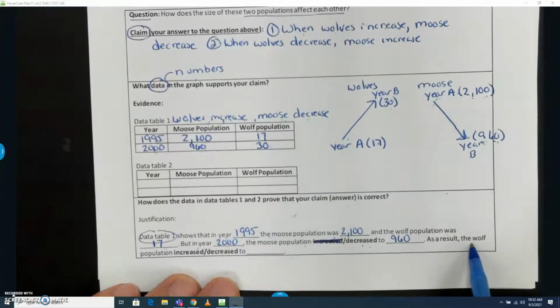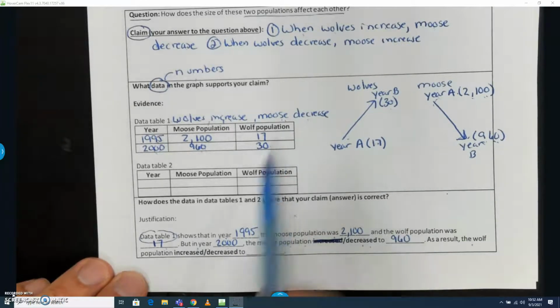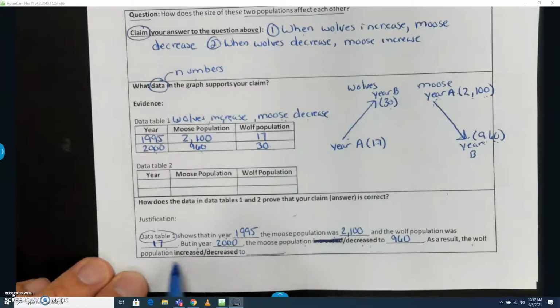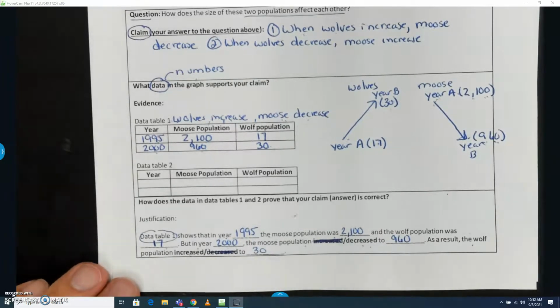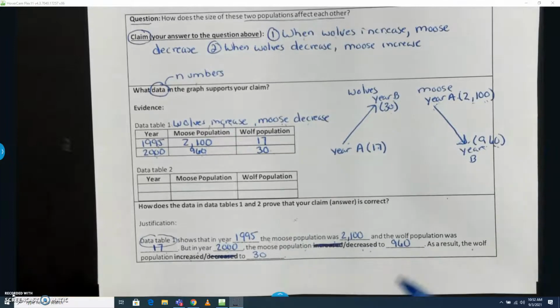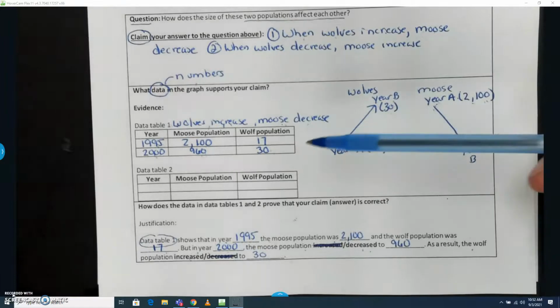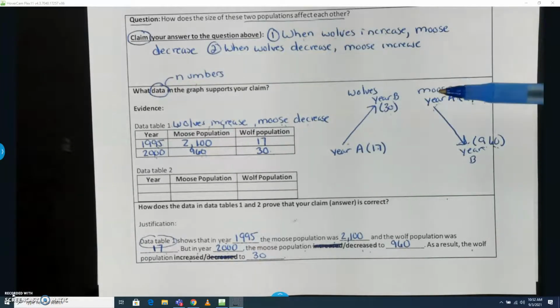And what did the wolf population do as a result? The wolf population looks like it had increased to 30. Now, again, what this is showing us is a written explanation as to how these numbers actually prove and support the idea that when wolves increase, moose decrease.